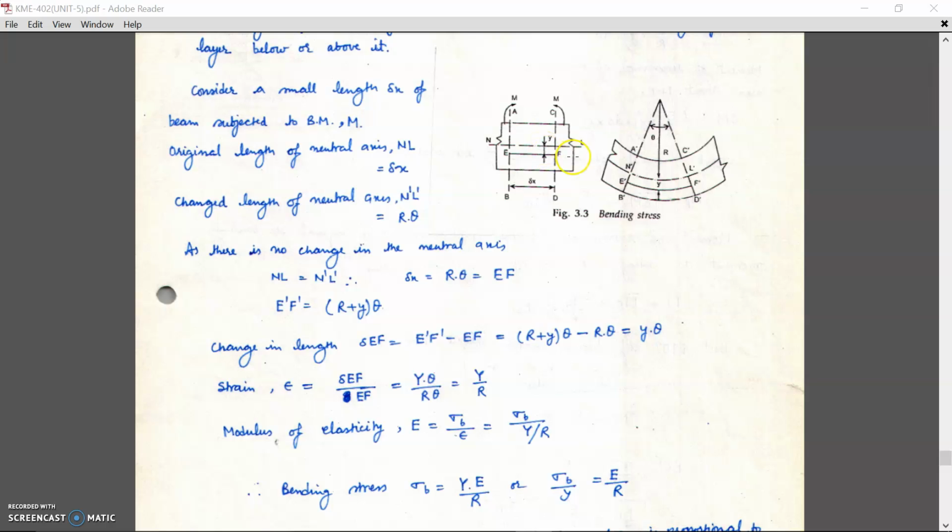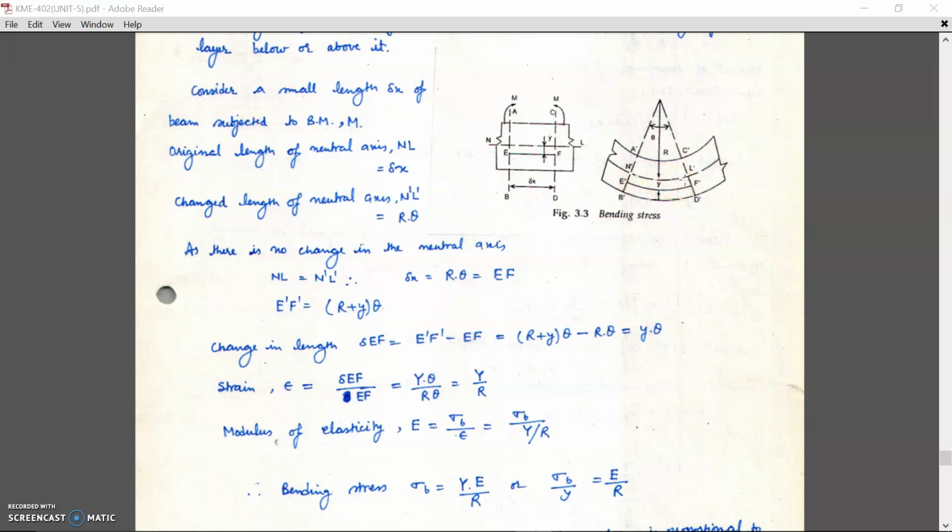I already know that this line will not experience any amount of force, whether tensile or compressive. This line is called the neutral line, or this axis is called the neutral axis. It will not experience any amount of force, right?